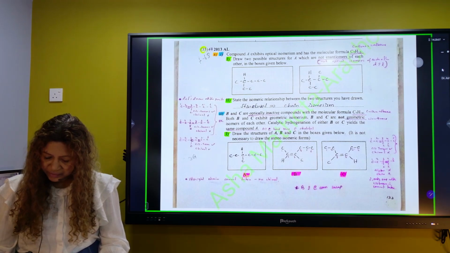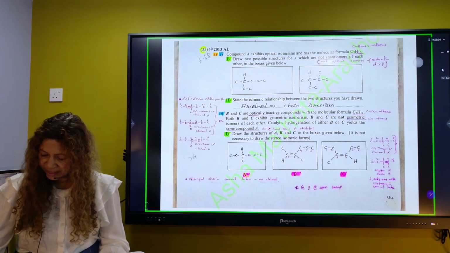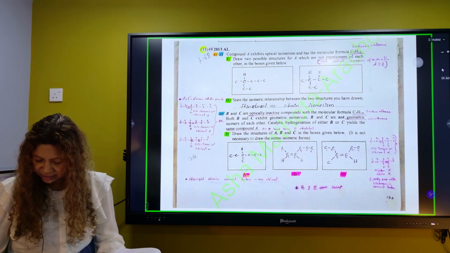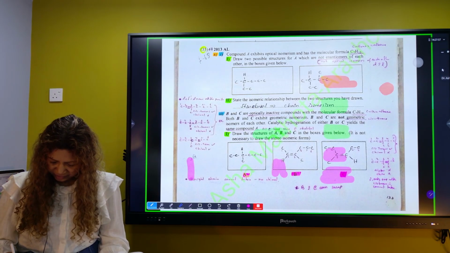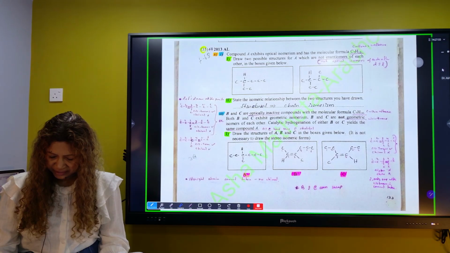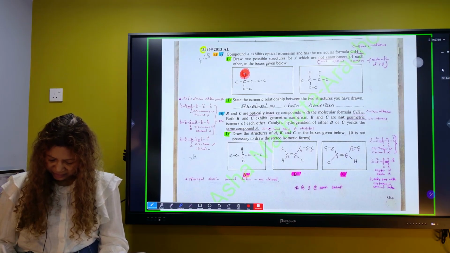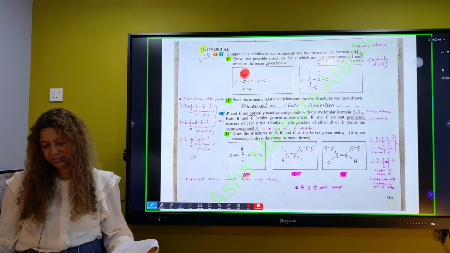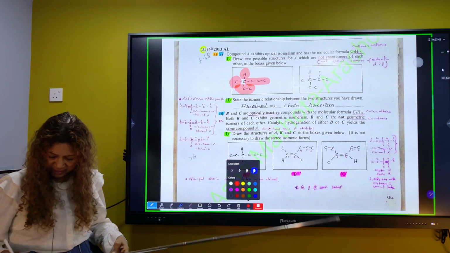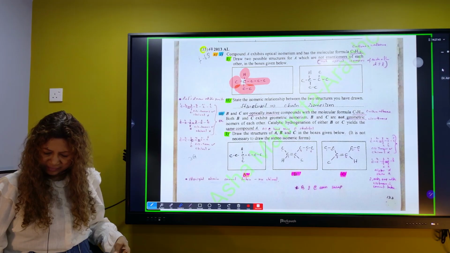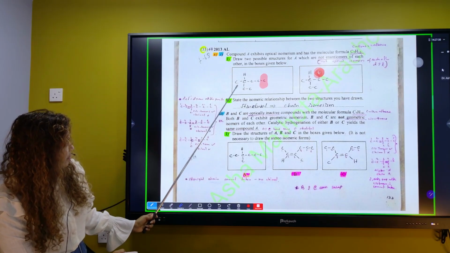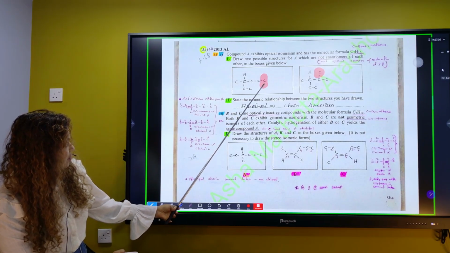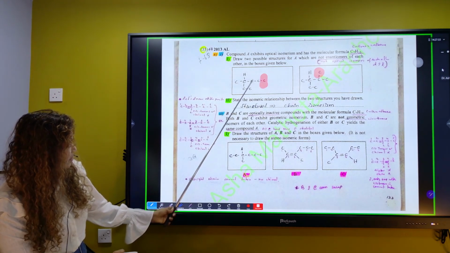Okay. Compound A exhibits optical isomerism and has molecular formula C7H16. Possible structures you can just draw. The very first step, 1 carbon, 2 carbons, 3 carbons, or otherwise one of the carbons can detach and join onto this middle carbon, and there is this one.